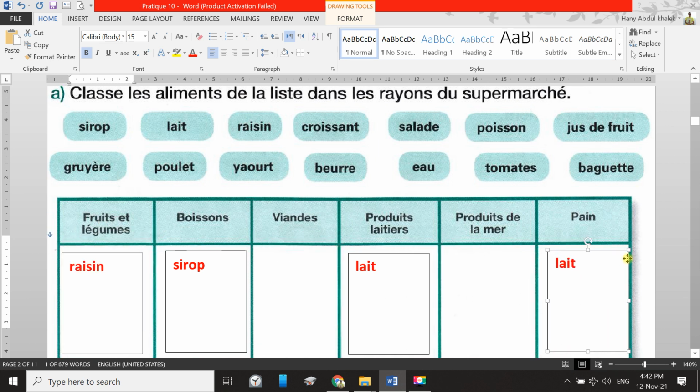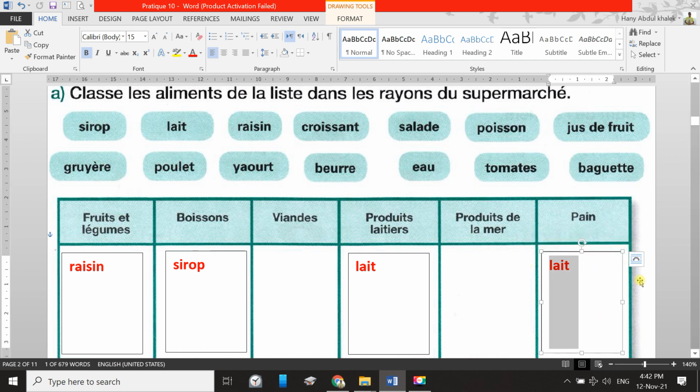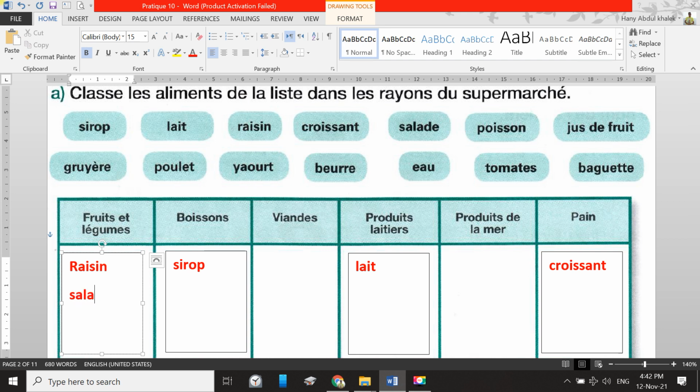We can find it in the pain. Pain means the bread or products of the bread. Croissant, you know it, the croissant that we eat. And salad, we can find in the vegetables and fruits corner, section, or department.